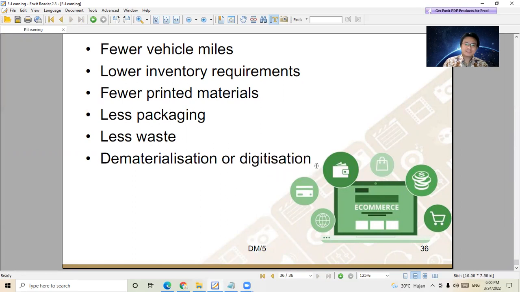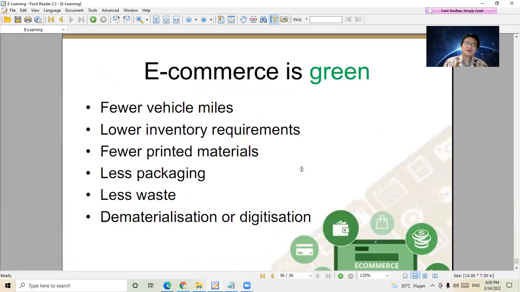It means we no longer use hard copies anymore, like ebooks. We use ebooks rather than hard copy books. It saves more paper, more hard copy documents, and it can contribute to a greener environment. Something like that.